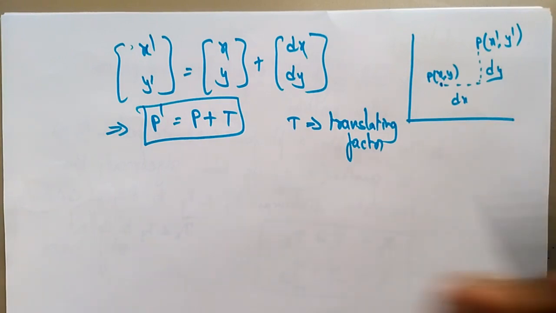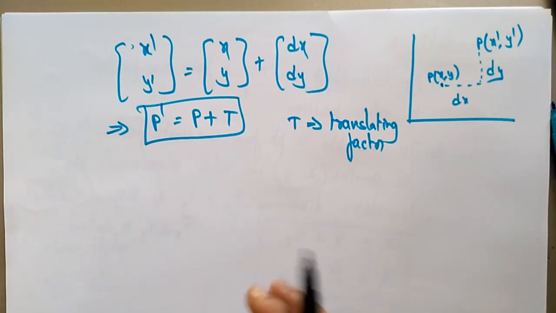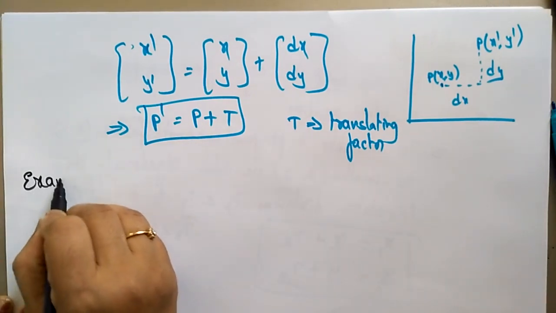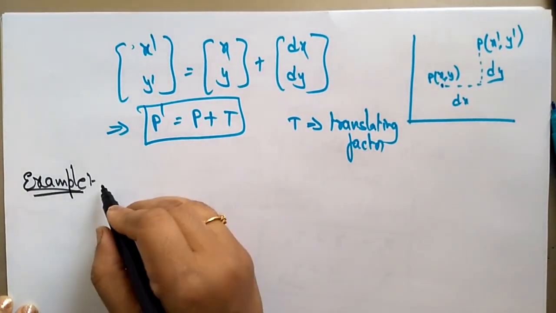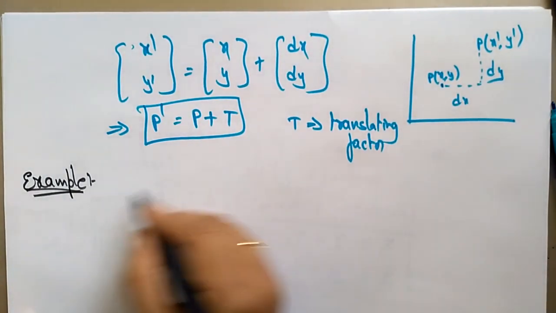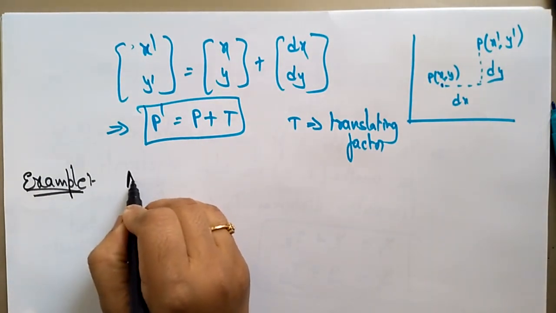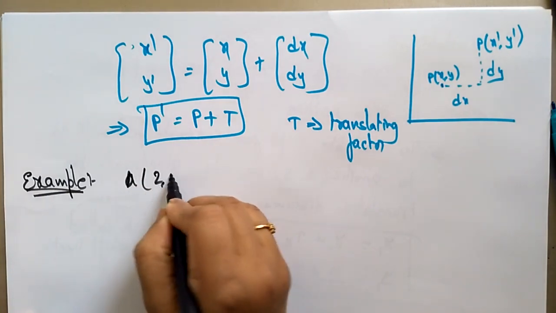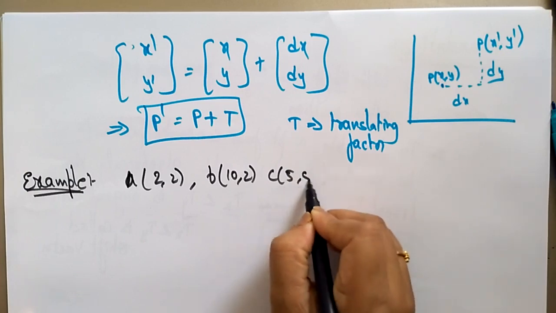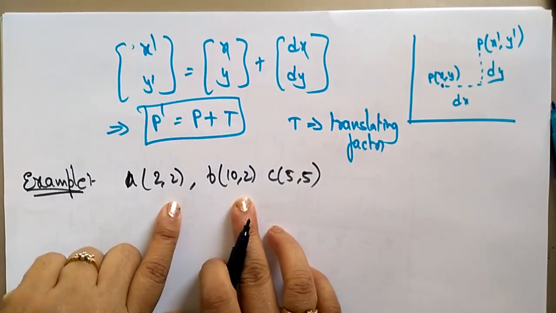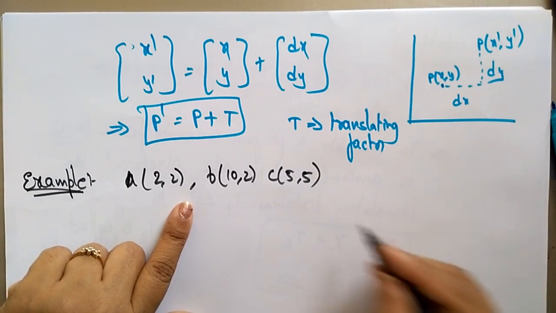So let me explain this translation transformation by taking one example, so that you will clearly understand what exactly the translation is. Let's take one triangle with vertices ABC, having the coordinates A as 2, 2, and B as 10, 2, and C as 5, 5.